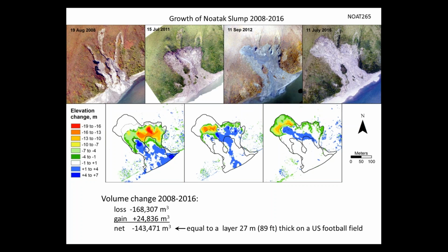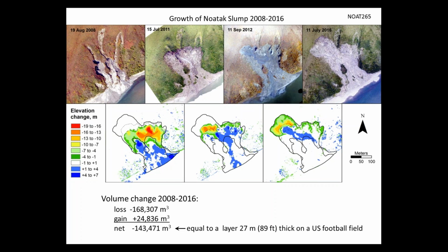And in this case, I did a quick computation of the volume of material lost between 2008 and 2016. Turns out, we had a loss of 168,000 cubic meters of material, and deposition or gain of the surface, rising of the surface below, of 25,000, I guess, for a net loss of 143,000 cubic meters.